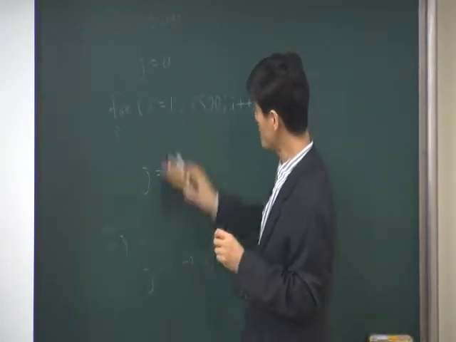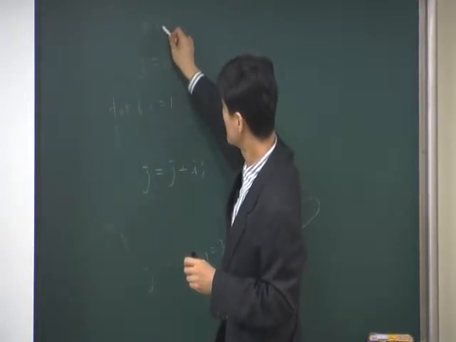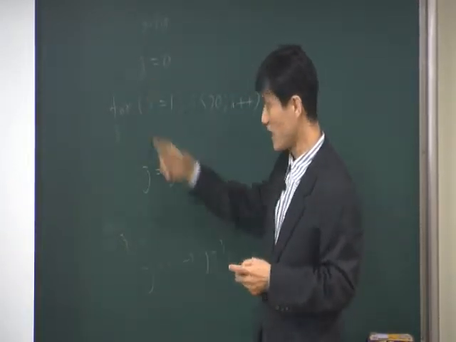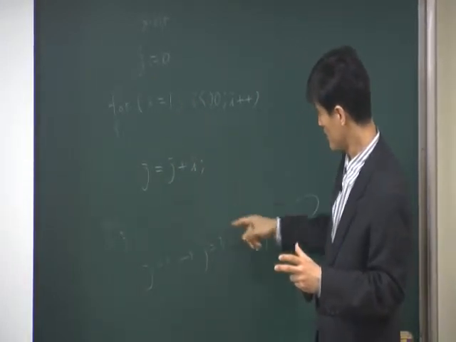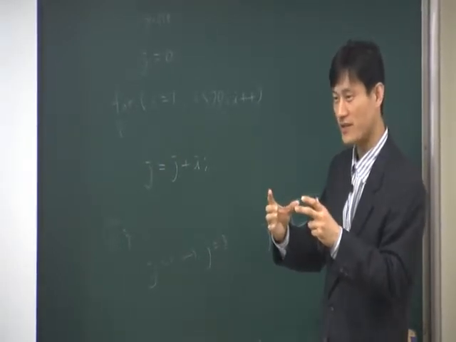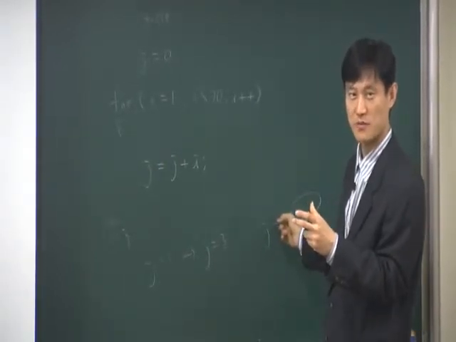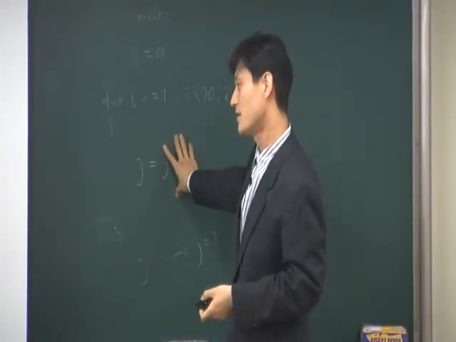But now suppose that J is only an 8-bit container. This J is only a small container, but when you do loops, the value becomes big. So definitely this small container cannot hold this value. This value is too big. That happens at a certain point, but you don't know when.